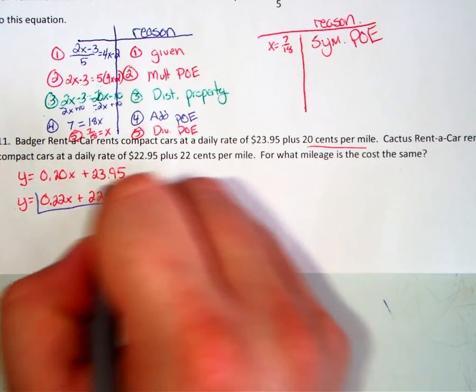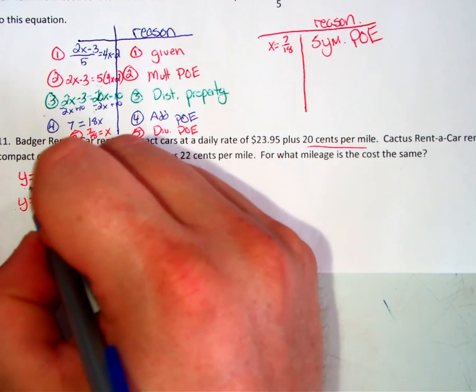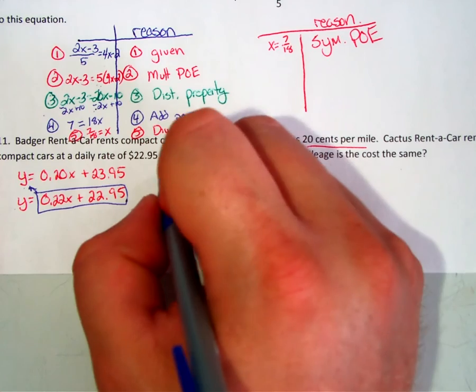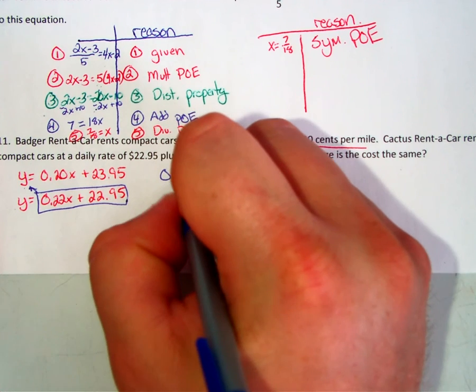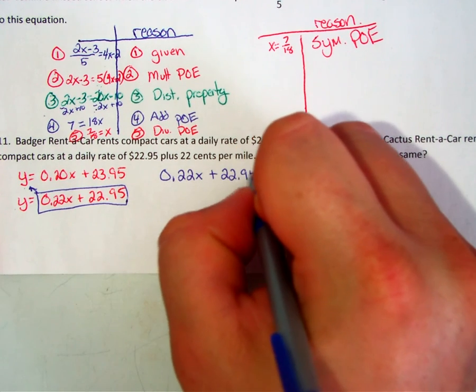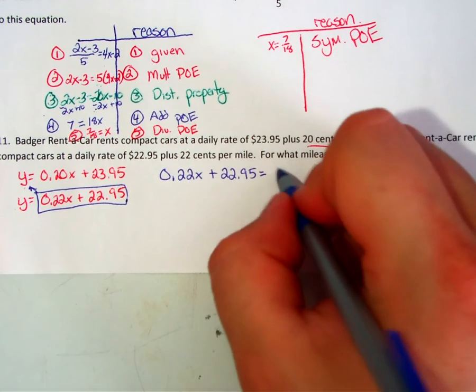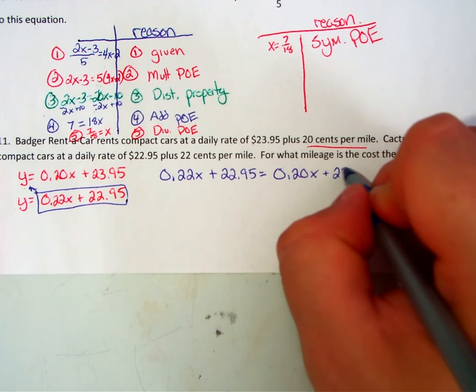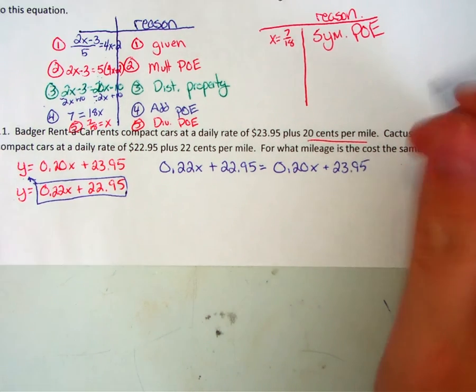So my isolated y value is simply going to plug in up there. This makes for a fairly clean problem because 0.22x plus 22.95 is going to now be equal to 0.20x plus 23.95.